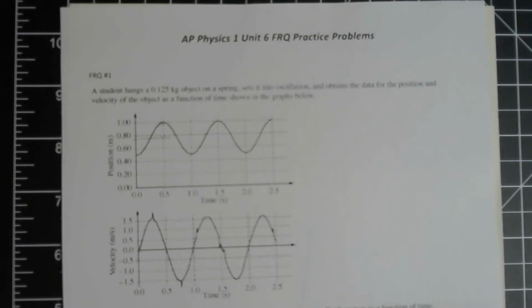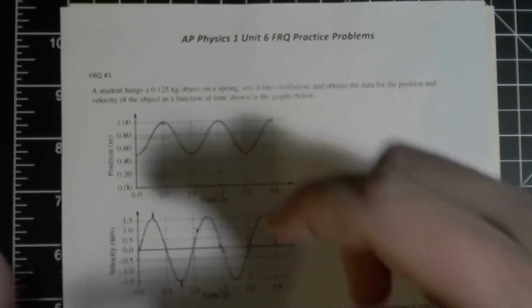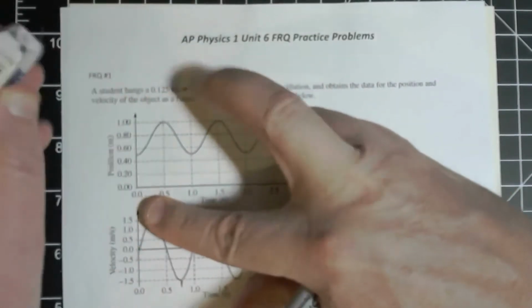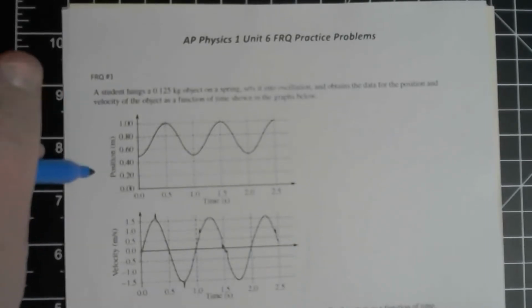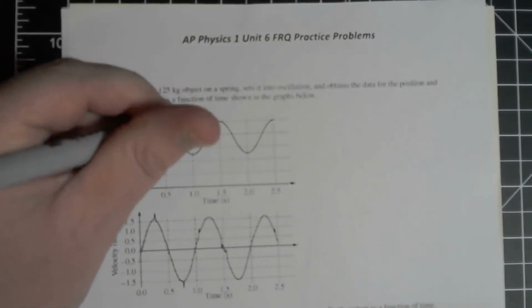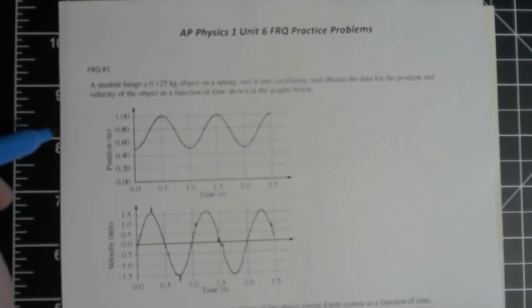Alright, so this first question talks about an object that has 0.125 kilograms and it's going to be set on a spring and set into oscillation. They obtain some data for the position and velocity as a function of time in the graphs. If you look at the graph for the position, you get a pretty good, smooth, steady set of data.